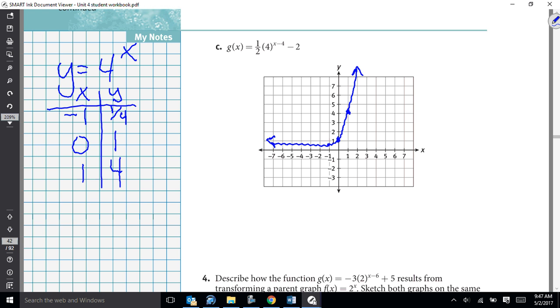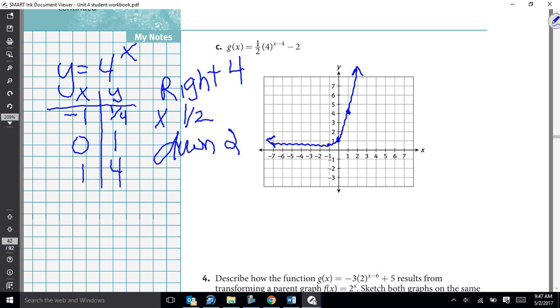So now all of our points are going to get moved to the, you said right, correct? Right 4. Down 2, and then we have that multiplier of 1/2, so all points times 1/2. So let's pick this point here. We're going to go to the right 4.